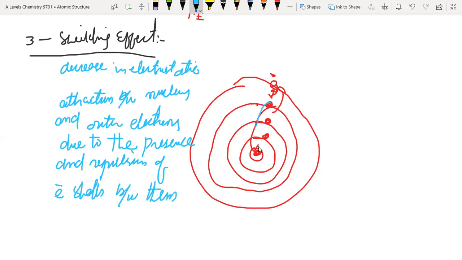These shells, which are residing between the nucleus and the outer electron, are causing repulsion, which decreases the effect of nuclear attraction on this electron.